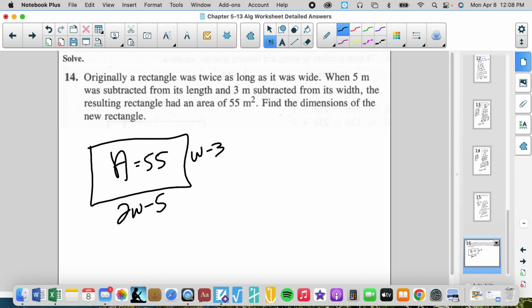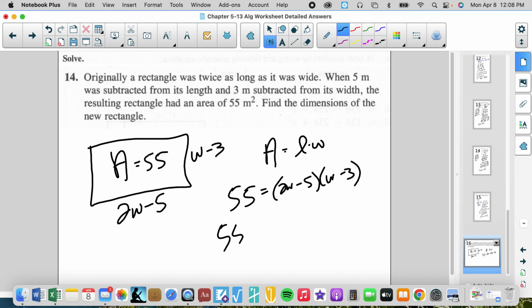Find the dimensions. So area equals length times width. 55 equals 2w minus 5 times the quantity w minus 3. 55 equals 2w squared. Outside is negative 6, inside is negative 5, negative 11w plus 15.